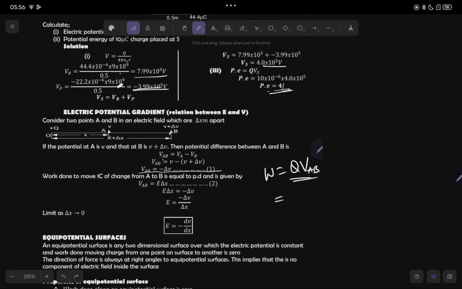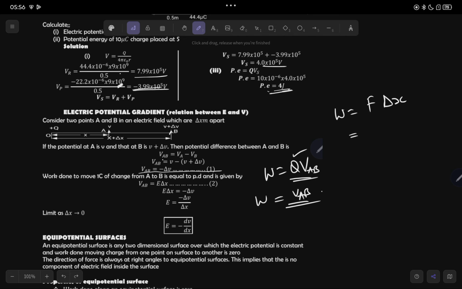So we are moving a charge of 1 coulomb, so the work done becomes VAB, which we define as potential difference.